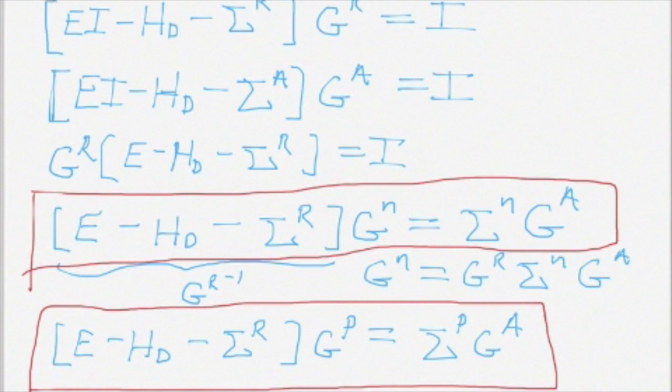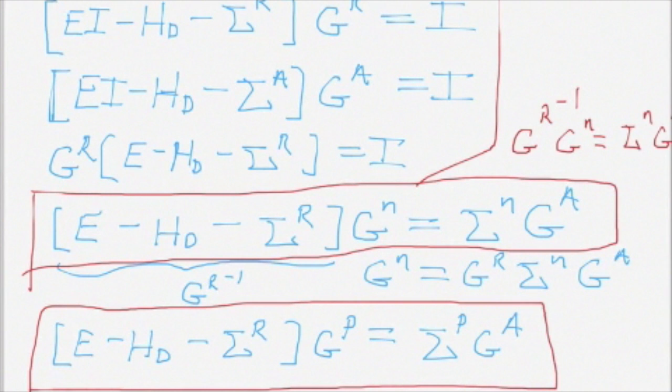So it's just a matter of multiplying through. Another way I could write this is GR inverse Gn equals sigma n GA.